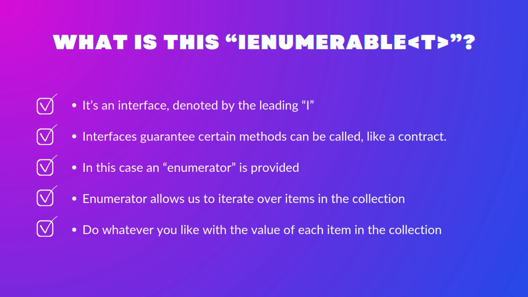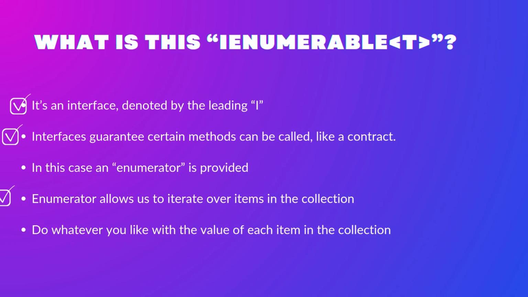In this case, the IEnumerable interface provides something called an enumerator. The enumerator allows us to iterate over items in the collection, processing each item in turn. And then based on the LINQ methods invoked and what parameters we pass to them, we can essentially do whatever we want with each of these values.